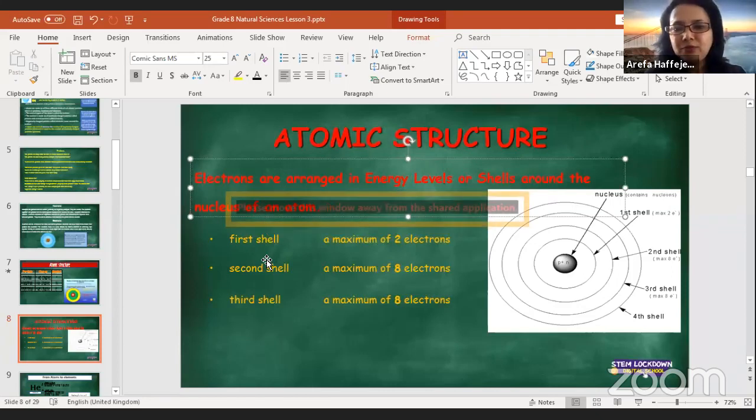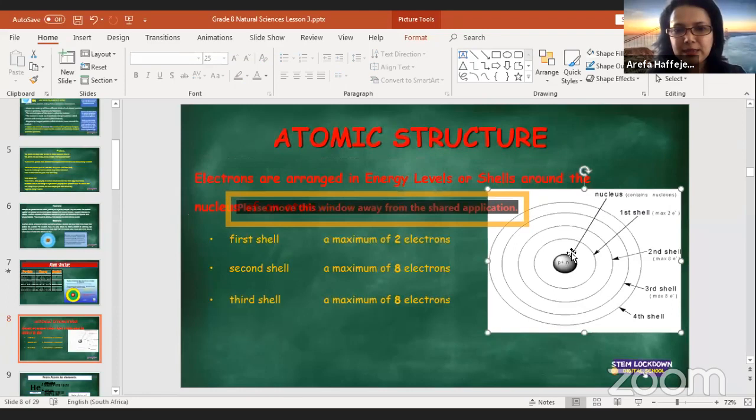Okay, so we have the first shell, which I explained earlier. Here you have your nucleus with your protons and your neutrons in this nucleus. The first shell contains 2 electrons. Then we have the second shell, which contains a maximum of 8 electrons.